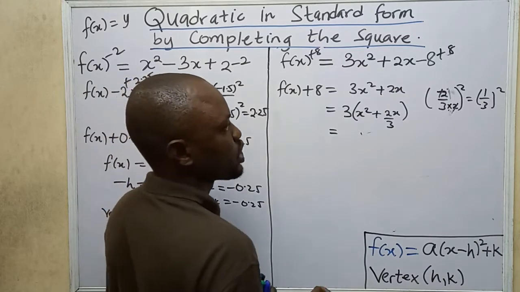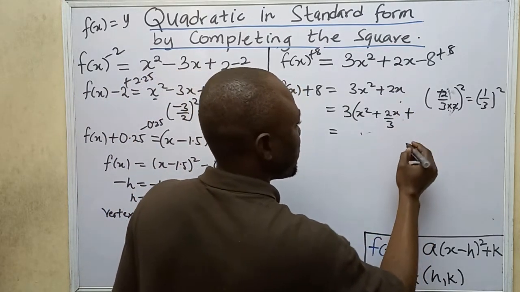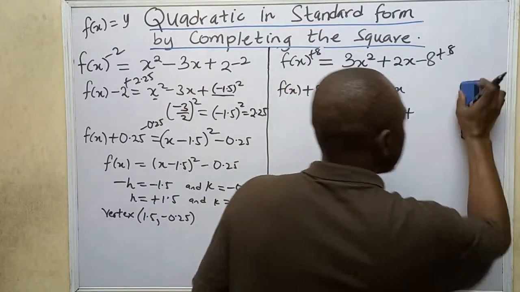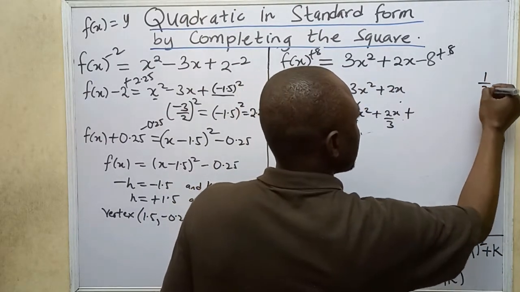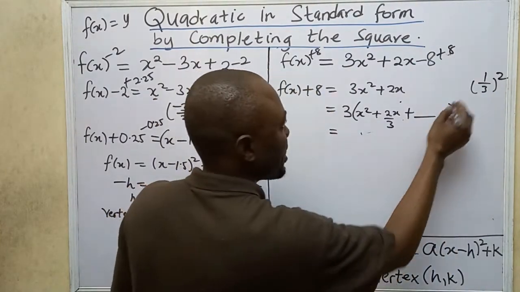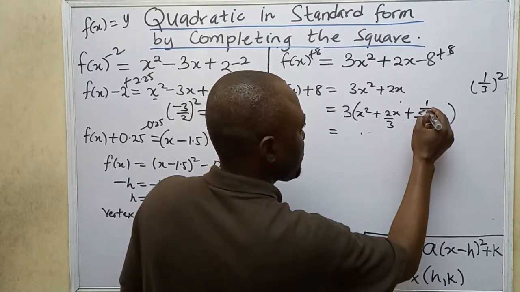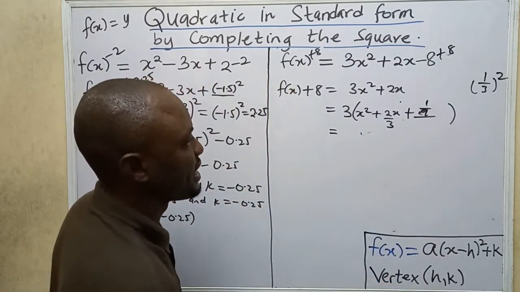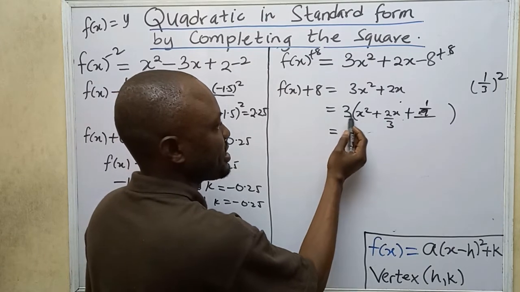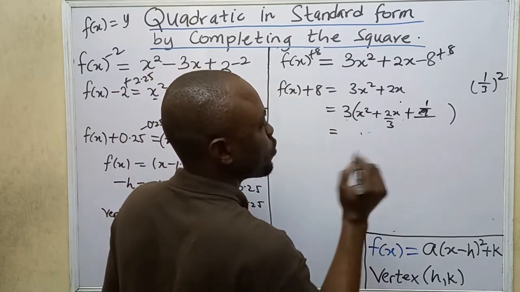Now, 1 over 3 all squared. So dash. Now in my bracket here, I'll do 1 over 9. Now, if I multiply 3 times 1 over 9, it will give me 1 over 3.